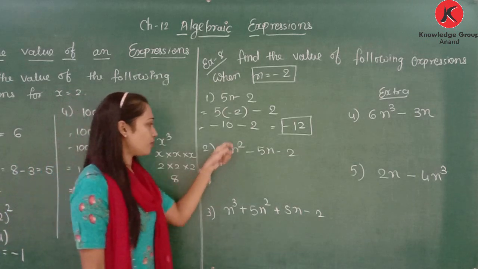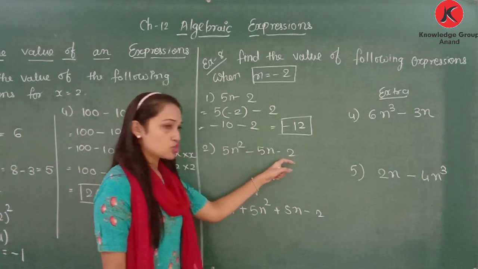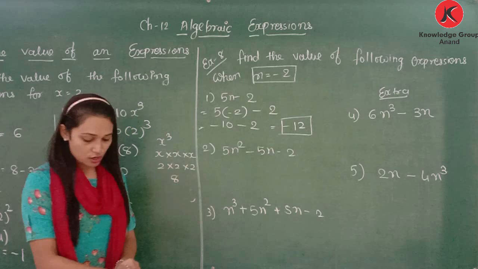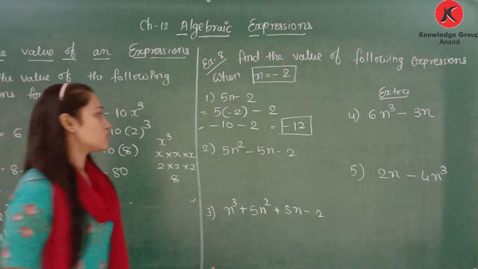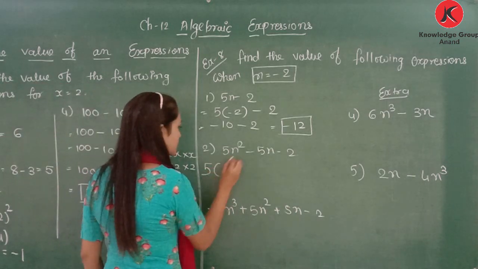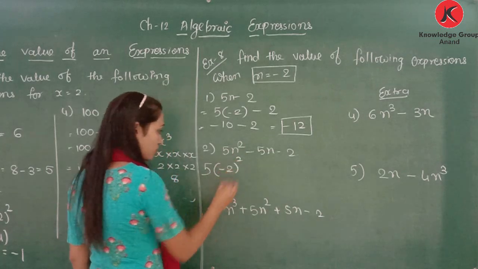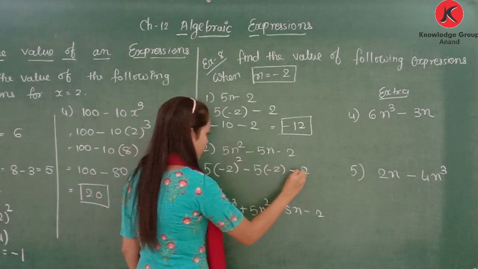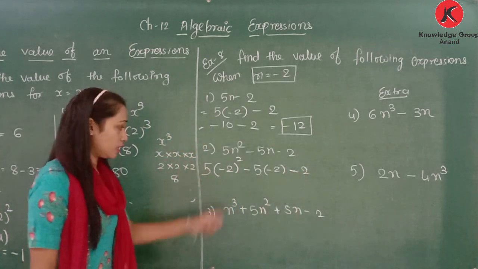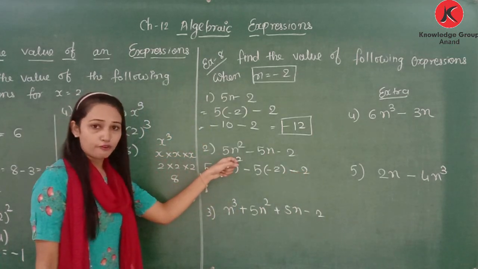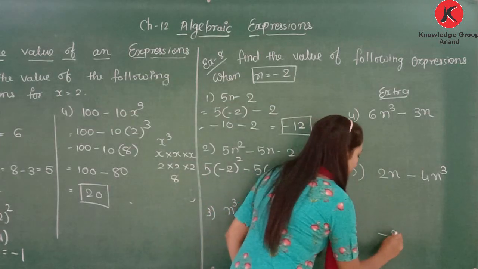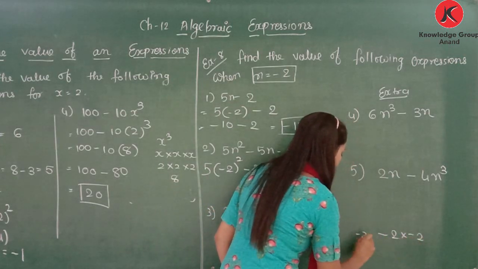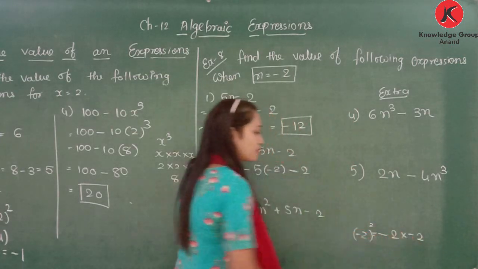Next one, 5n square minus 5n minus 2. So again, instead of n we need to write minus 2. So we can write 5, instead of n we need to write (minus 2) square, minus 5 (minus 2) minus 2. Now here solve this square first. So minus 2 multiply minus 2. Square means what? Minus 2 is multiplied 2 times.